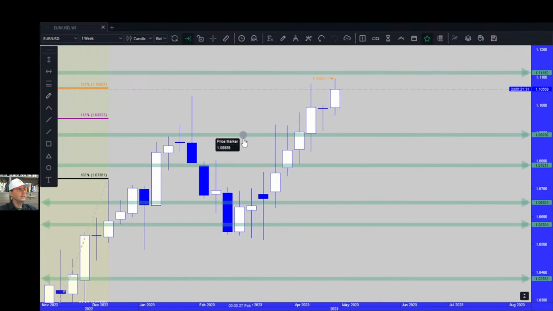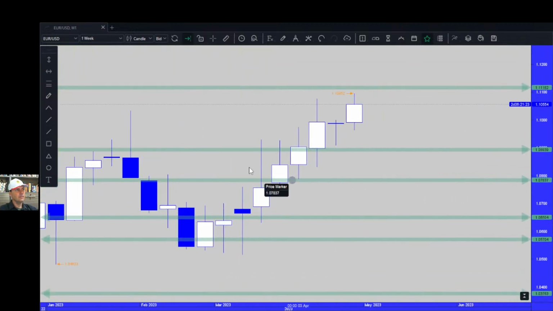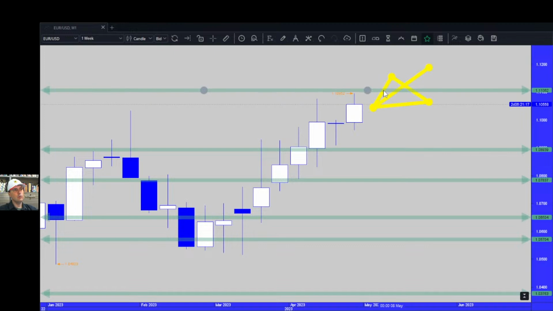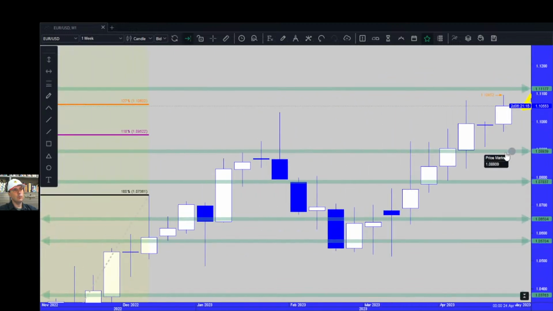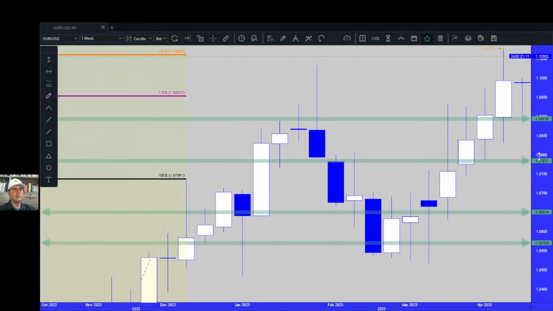And last week, everybody, what about the weekly? Whatever your reasoning might be to go short, the weekly is over, the candles are closed.